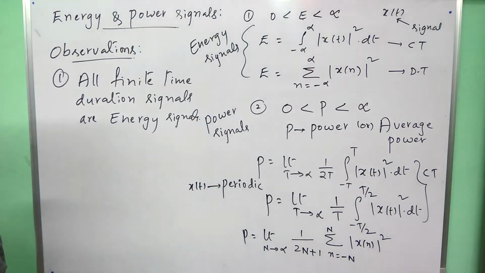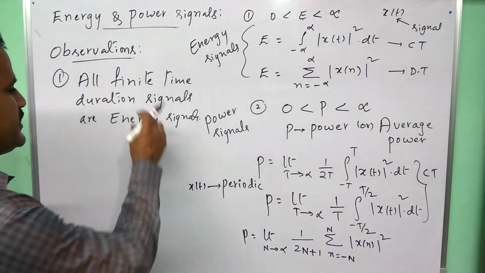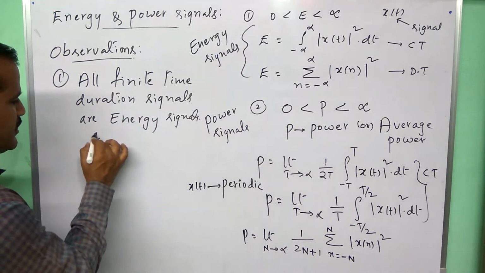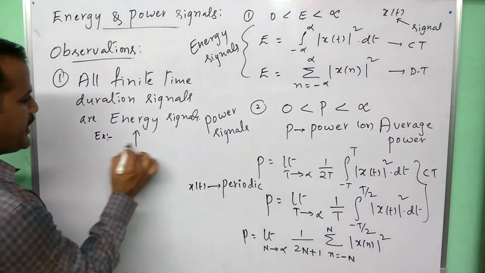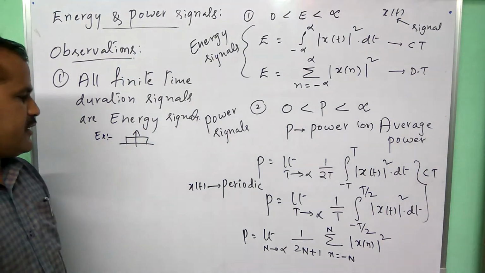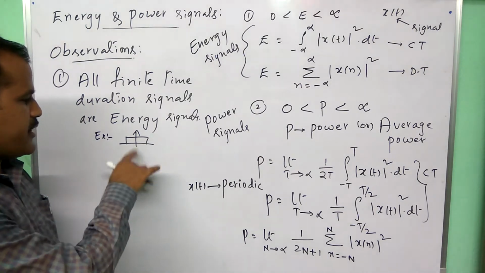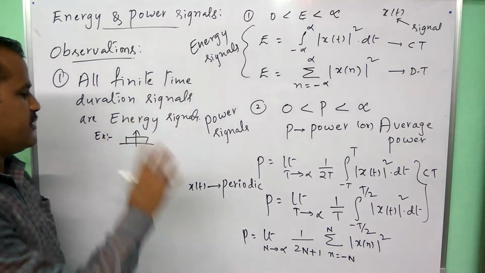You can observe that. If the signal is finite in time duration, then definitely the signal will be an energy signal. Example, a rectangular function is an energy signal. Later, in the future GATE practice problem videos, I have given all the calculations of these signals.